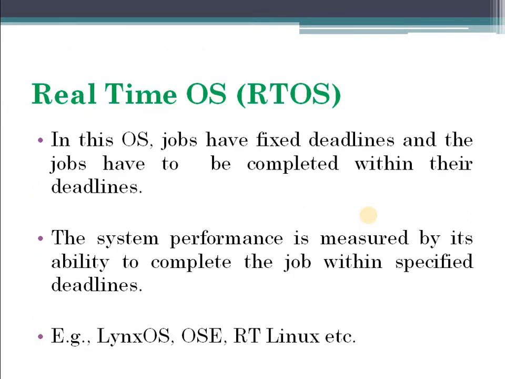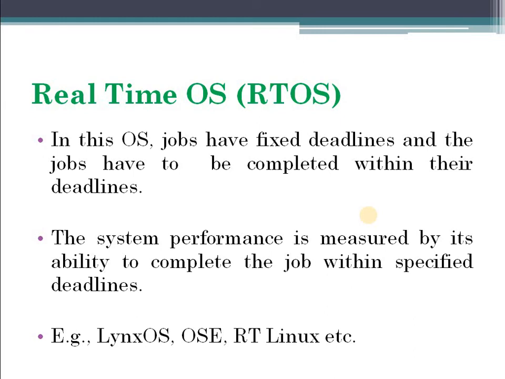Now, real-time operating system, in short known as RTOS. In this OS, jobs have fixed deadlines and the jobs have to be completed within their deadlines. The operating system defines the specific time for each and every execution of the program, which must be executed within the specified deadlines.